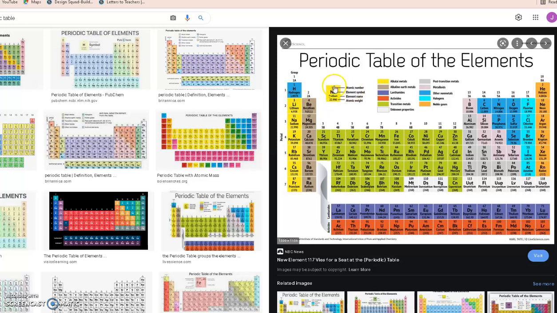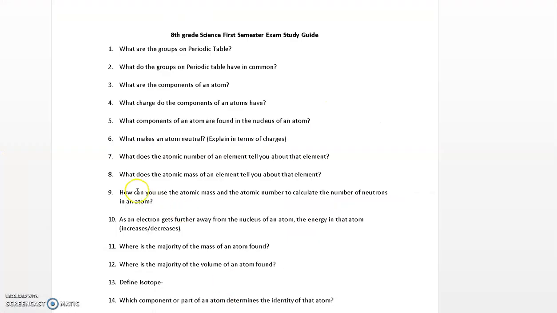And it tells you here where the atomic number is on this periodic table. But that's also equal to the number of protons. You could also say it's equal to the number of electrons. So, the atomic number tells us how many protons. It also tells us how many electrons an element has if the atom is electrically neutral.